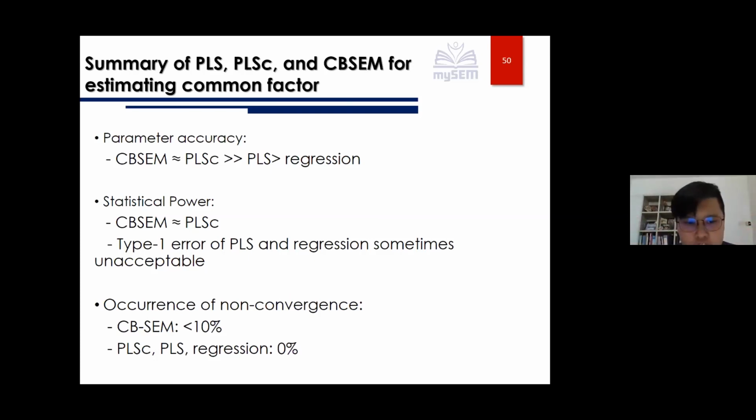In terms of convergence, whether the analysis runs, sometimes in CB-SEM you have problems running because of under-identification, over-identification, and so on. So CB-SEM tends to have problems, but if you use PLSc, there is no convergence issue. Your analysis will definitely run. That is the advantage of using PLSc, which stays in the middle between covariance-based and PLS. And that is the biggest contribution by Dijkstra and Henseler 2015.